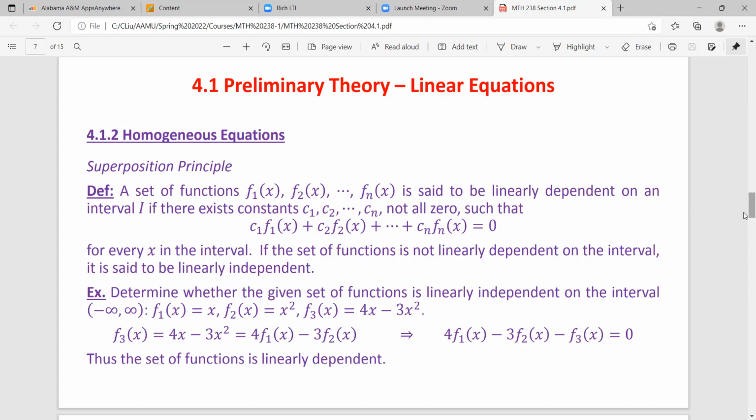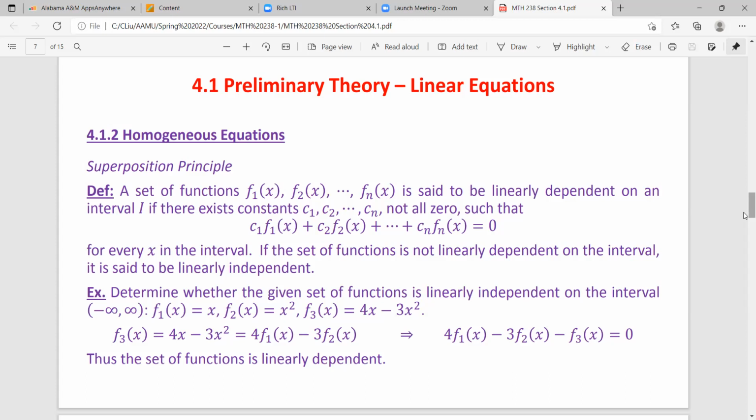If you can find some constants, C1, C2, up to Cn, such that when you take the linear combination of those functions with those constants, you get 0, that is, C1 f1 plus C2 f2 plus C3 f3 up to Cn fn equal to 0.